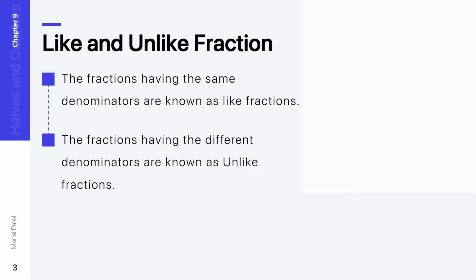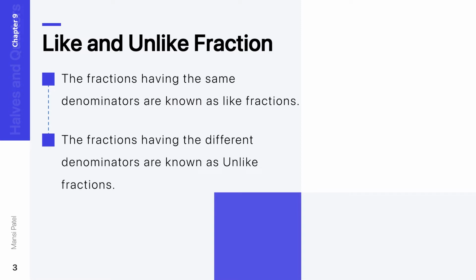See here, I am giving the example of like and unlike fractions. How do you have to remember? Just remember like this: if the denominator is the same, then it is known as a like fraction. But if the denominator is different, then it is known as an unlike fraction.